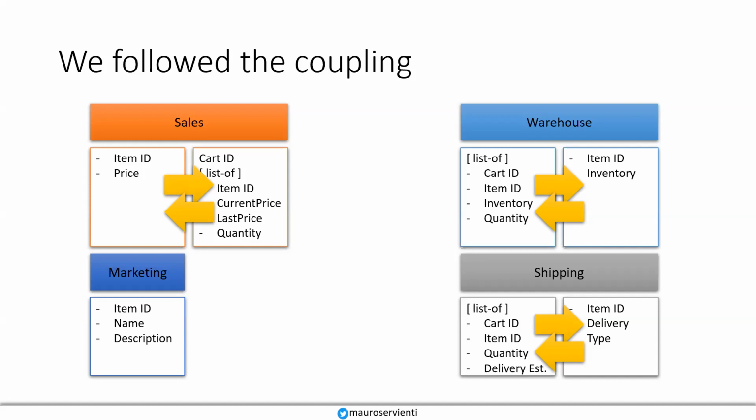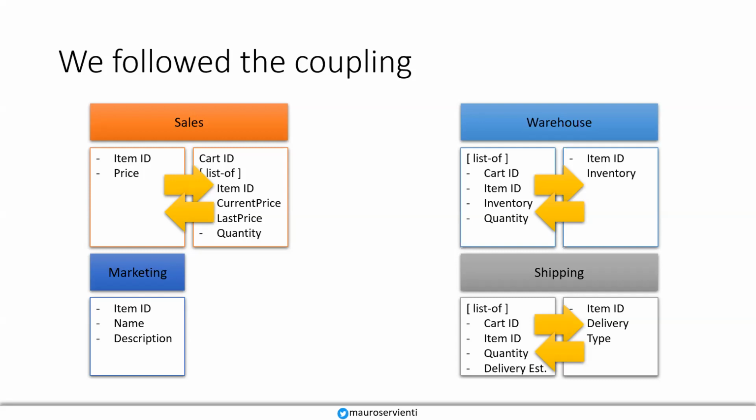So these components are really responsible for one single thing. The shopping cart component living in sales is responsible just for prices and for probably calculating the total amount of the cart. The component handling the shopping cart part that lives in warehouse is responsible for inventory only, and the one in shipping for delivery estimates and nothing else.